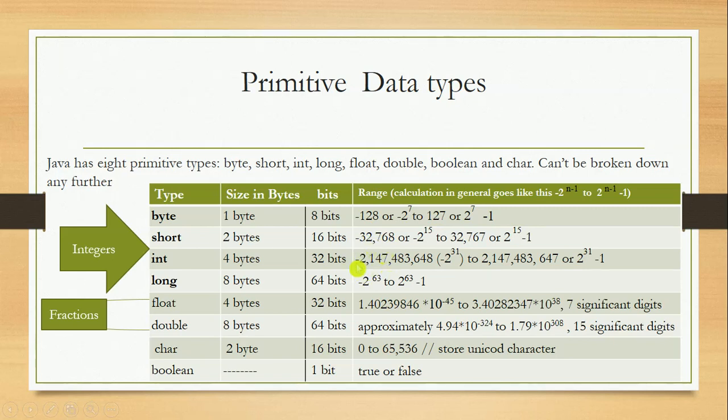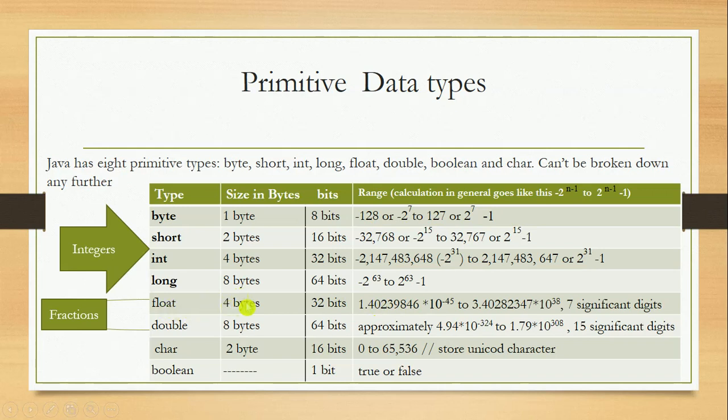And when we have a value which is larger than this, then we will store it in long, and it consumes about 8 bytes, which is about 64 bits, and it stores around 9 quintillion, the maximum value, and negative 9 quintillion, the minimum value.